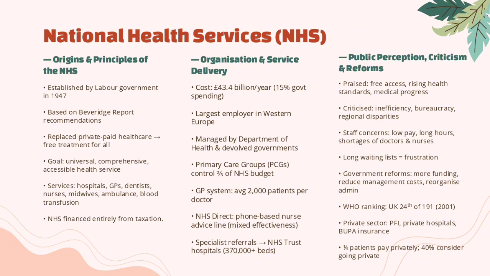There is also NHS Direct, a telephone service for advice from nurses, although reviews are mixed. If patients need further treatment, GPs will refer them to specialists at NHS Trust hospitals. These hospitals are funded through contracts from primary care groups and have over 370,000 beds.